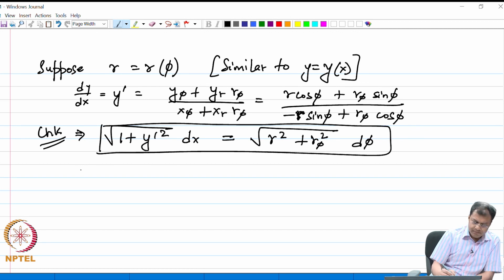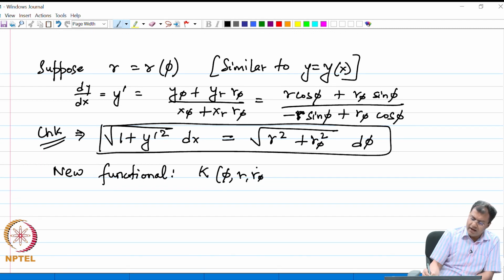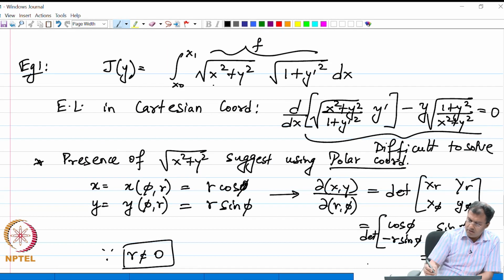Which means our new functional comes out to be K of phi, r, phi, of the form from phi 0 to phi 1. Notice that the first term here is r, right, and the second term is what we had written in the next slide.